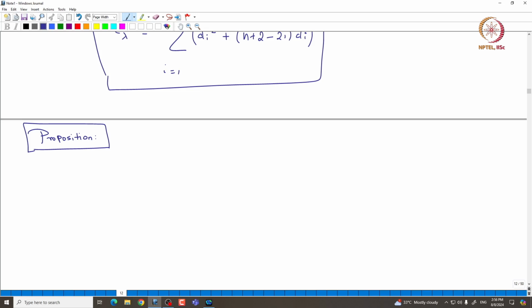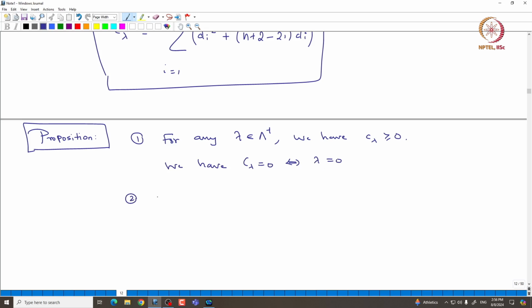So, for any dominant weight lambda, we can conclude that C lambda must always be non-negative, and we have the equality C lambda is 0 if and only if lambda is 0.